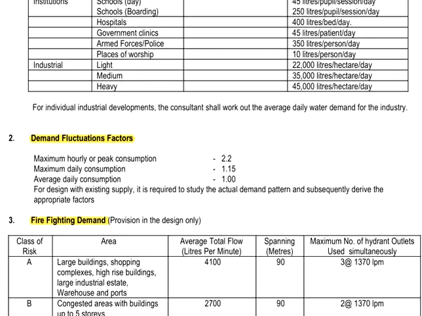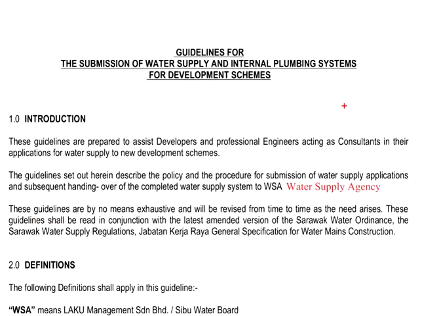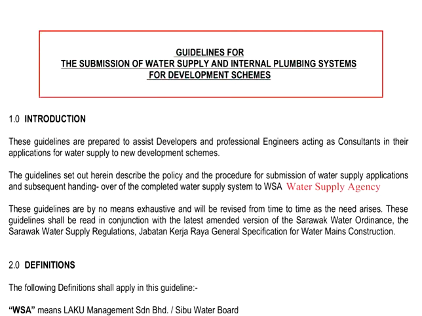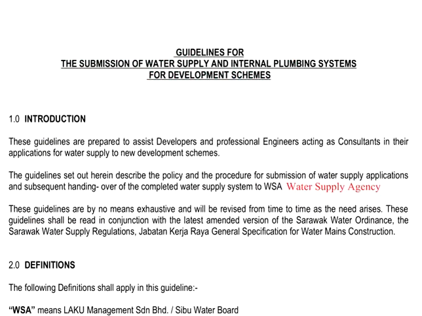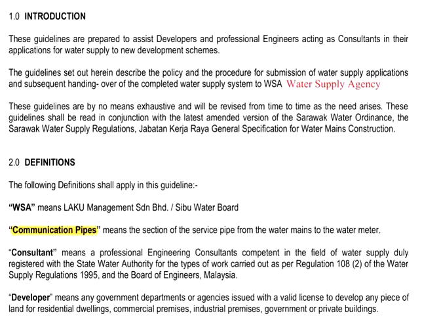It is noted that the factors given here is based on the guideline for the submissions of water supply applicable to Sarawak State. The relevant water supply agencies include Laku Management Sendirian Berhad or Sibu Water Board.